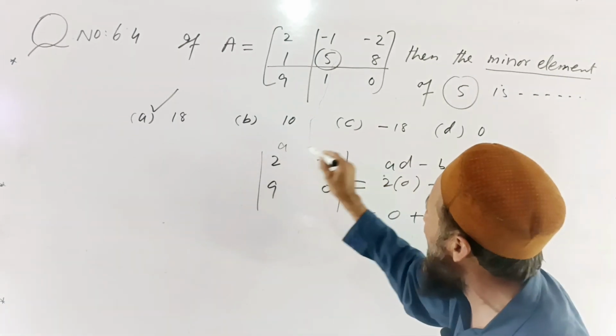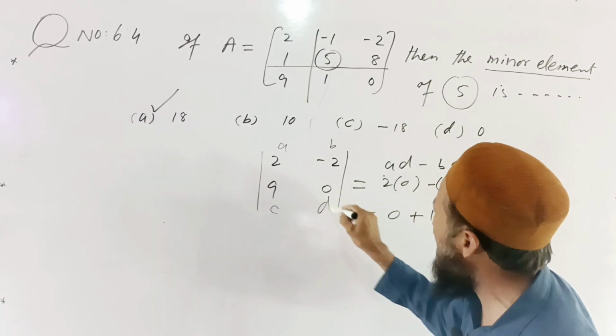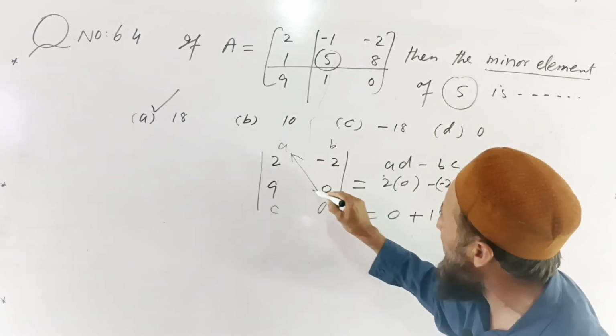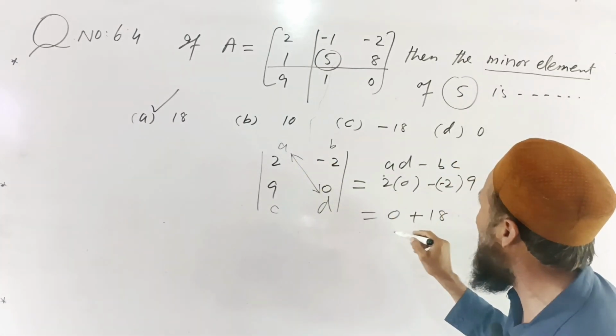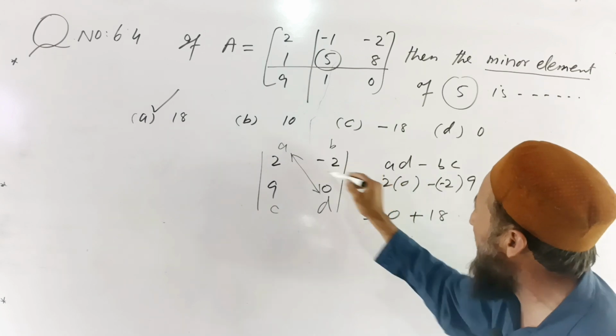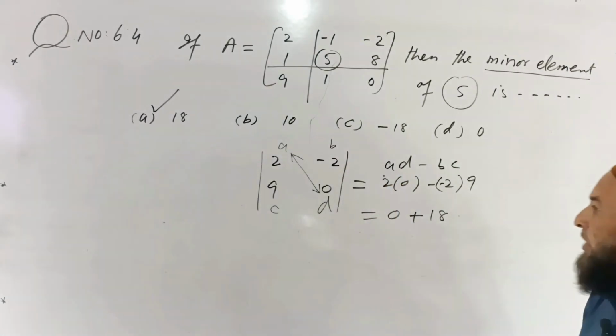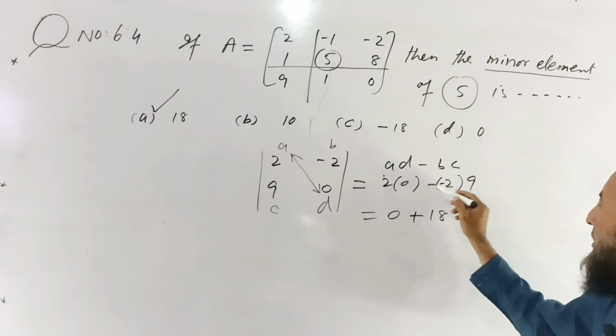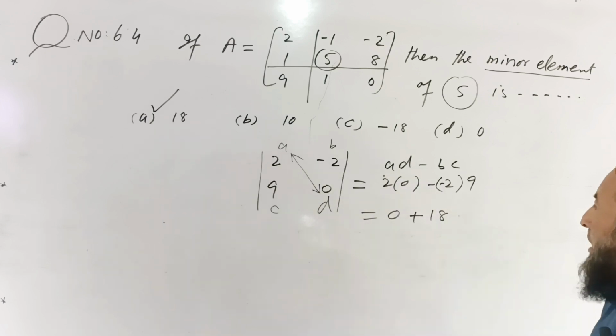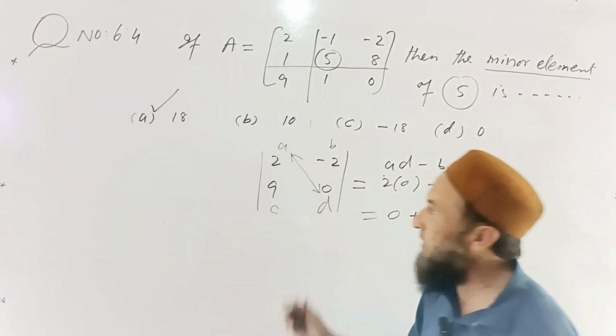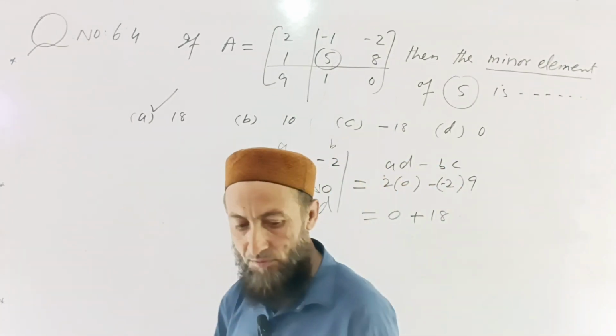We get 0, and B is already minus 2 and C is equal to 9. Minus into minus gives plus, 2 multiplied by 9 we get 18, so the correct answer is 18.